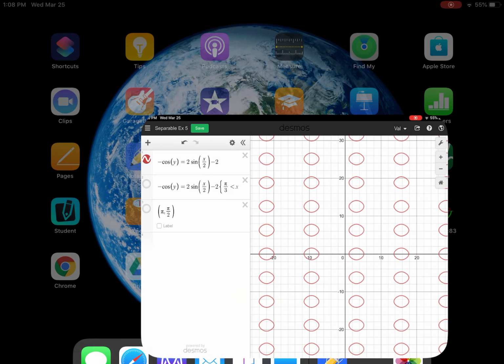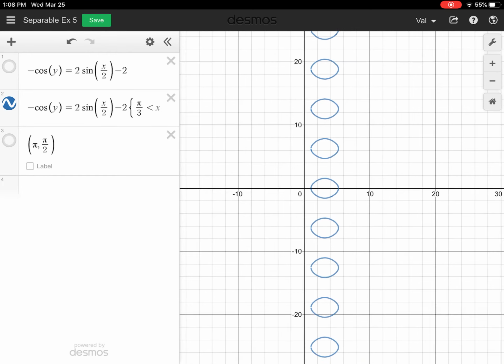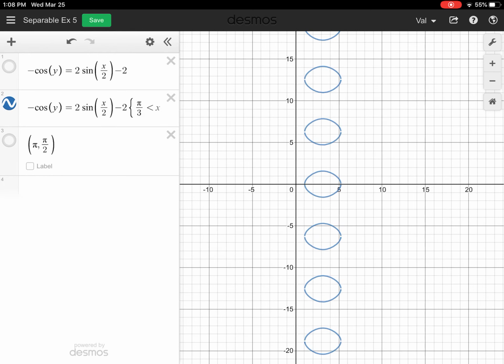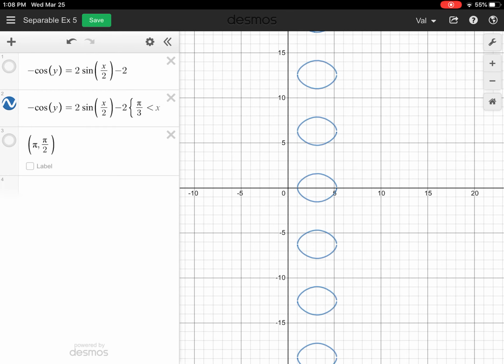Now if I go back to my graph, on the second line I have the same function, but restricted to only those values. You'll see I just have these circles right here, though they're not exactly circles. Now which one of these do I pick?